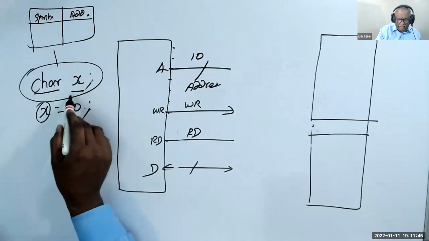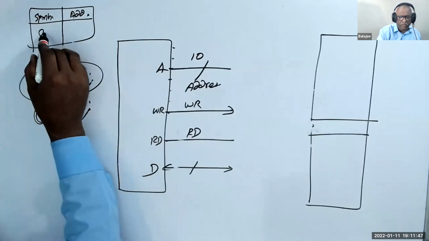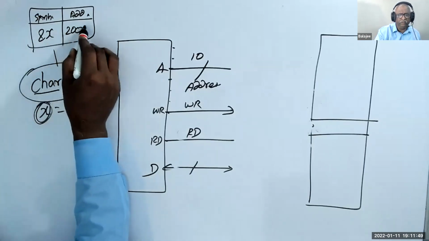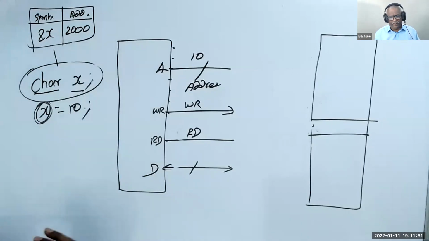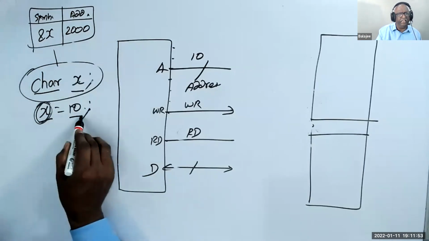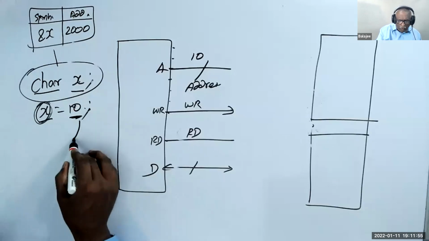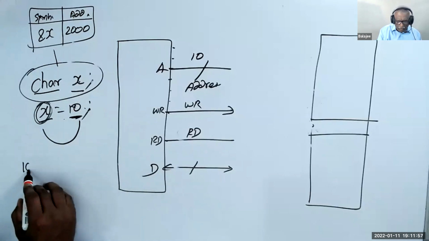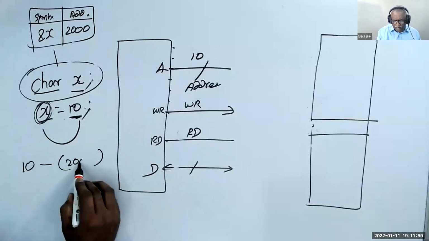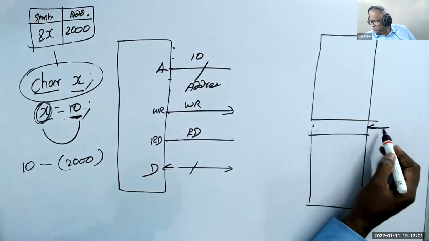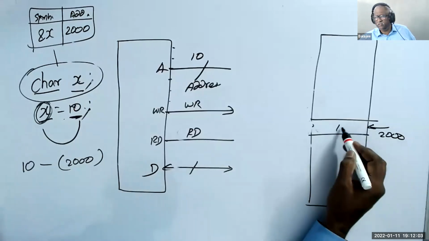For the symbol X, you put 2000. So when you say X is equal to 10, you are writing 10 into location 2000. That is, at location 2000, you are trying to write 10.